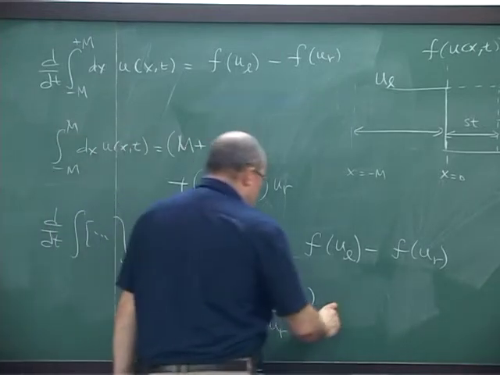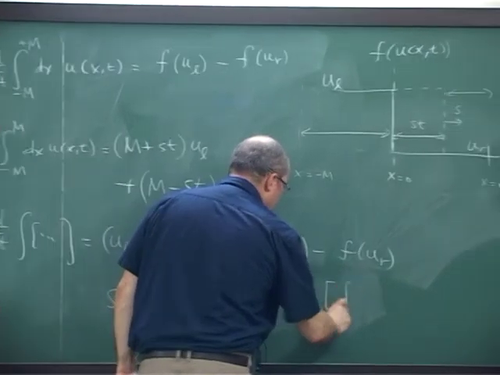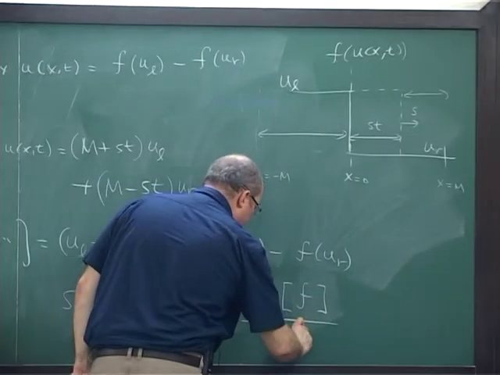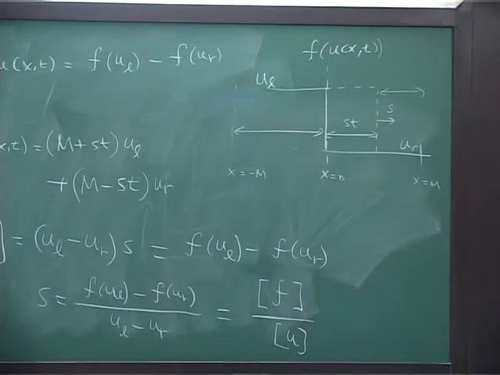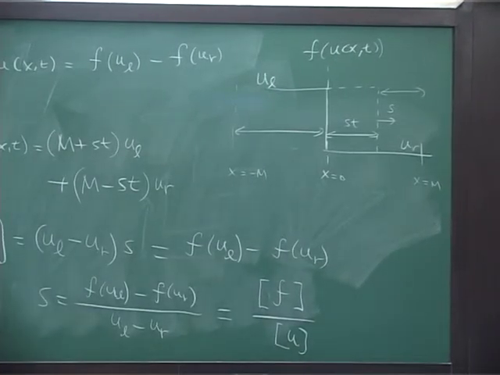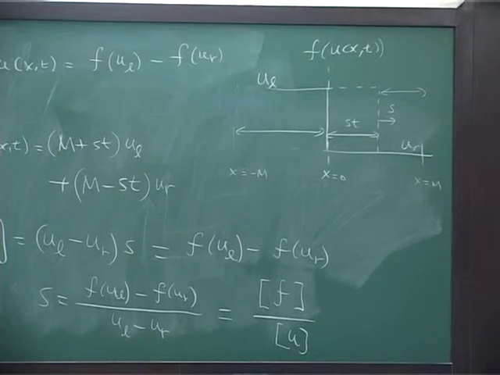You'll see this in books often written this way. They'll write a square bracket around the f and a square bracket around the u, and that means the right and left difference. Now when I do this for the fluid equations, remember I showed you when you solve the shock tube problem, or the Riemann problem for the relativistic fluids, you have all these states that you connect with shocks.